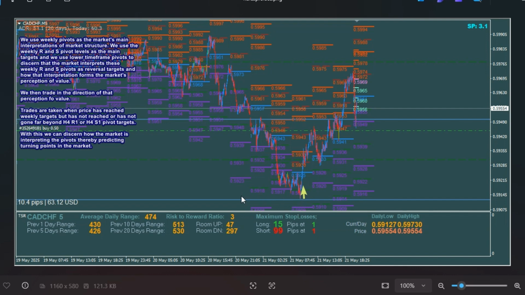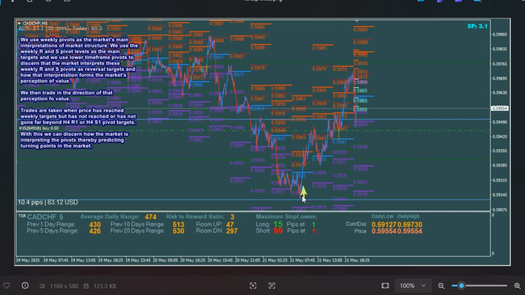It's because the market is interpreting this weekly S2 level as a bullish reversal level, a level from which price will bounce up and move up. And that caused their perception of value to be a price at higher prices, which is why the market did not reach the H4S1.